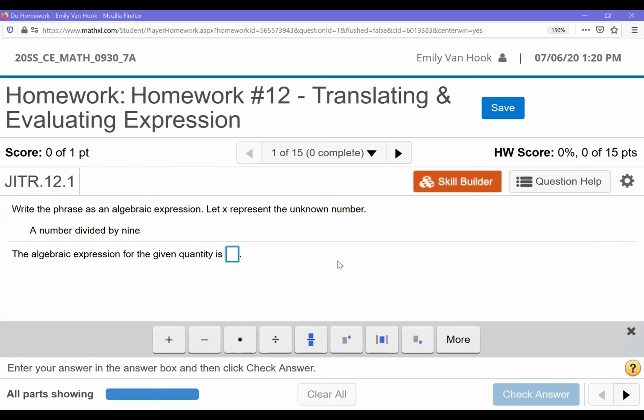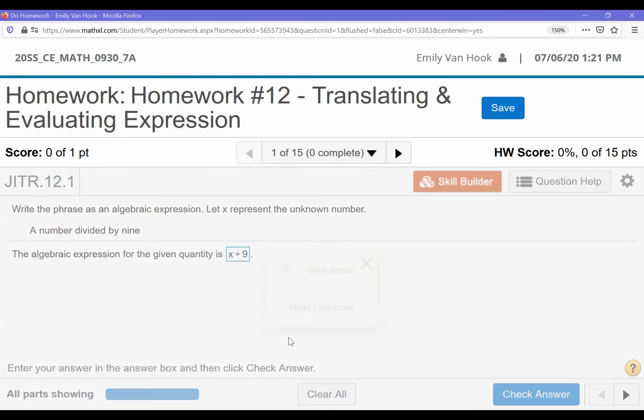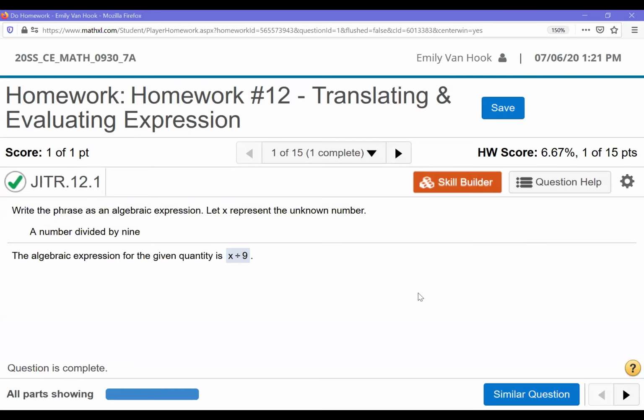I have a couple options for how to do this. I can type x, and then I can click on this division symbol, and then type 9, that's fine. Another way I could do it is as a fraction, x over 9. Either one of those would be fine. So I'll do the division symbol first. Okay, and I'm just going to click similar question to show you that the fraction will also be fine.